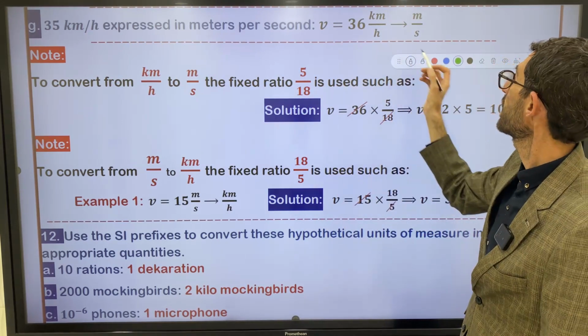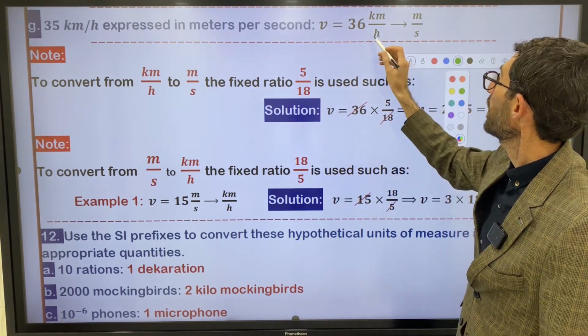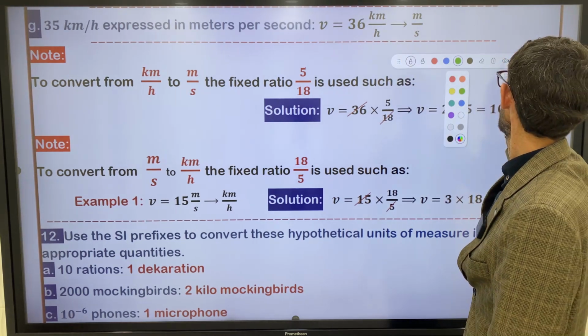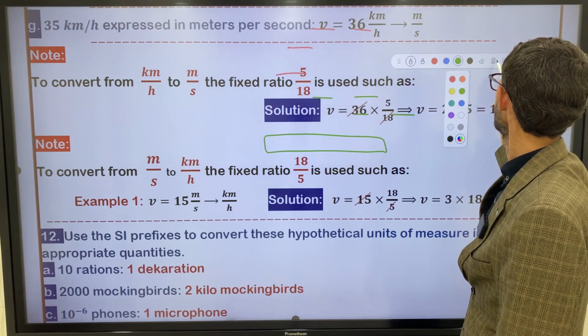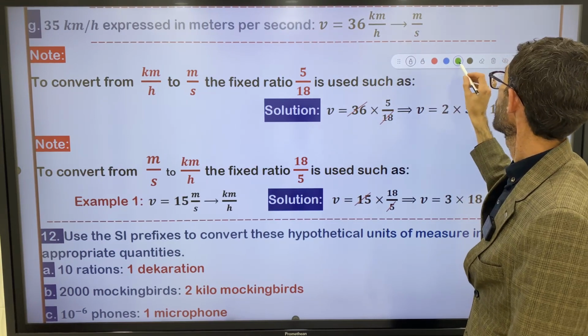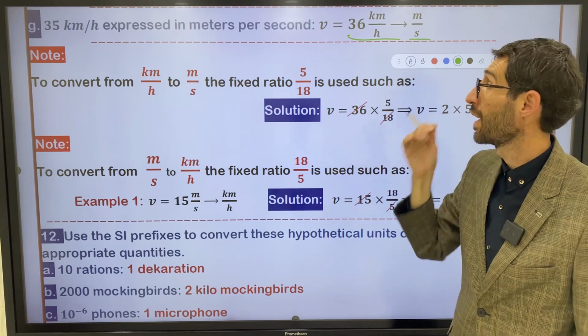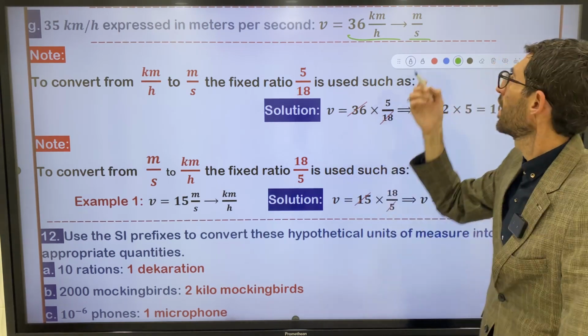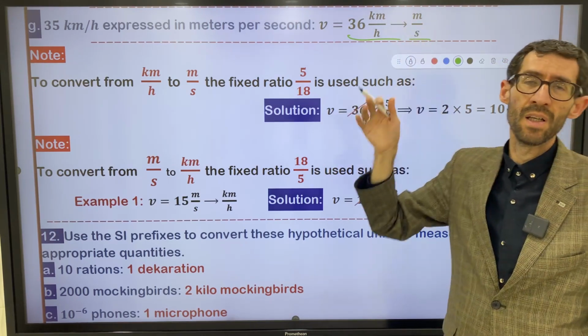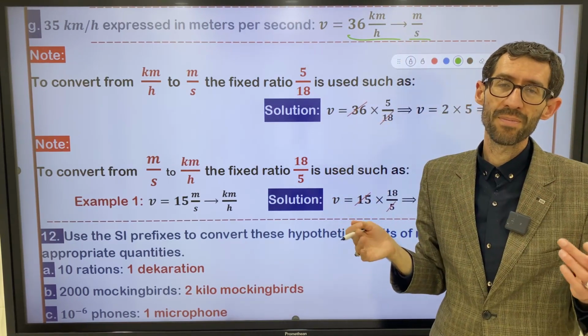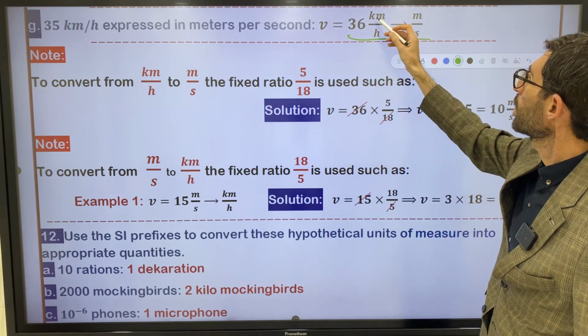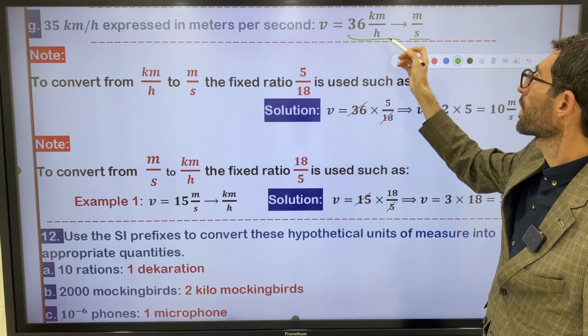So we want to convert kilometer per hour to what? To meter per second. It's right if you say, teacher, I convert each unit separately. For example, a kilometer you can convert to meter, no problem.